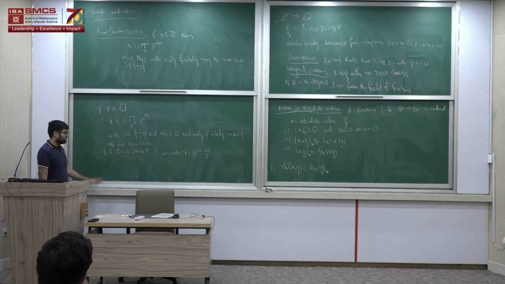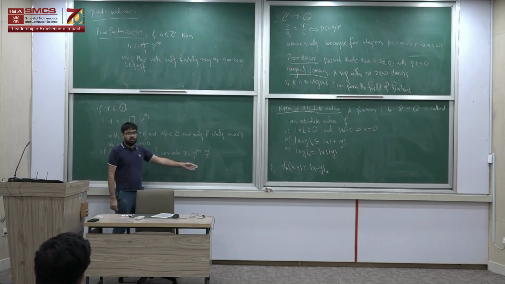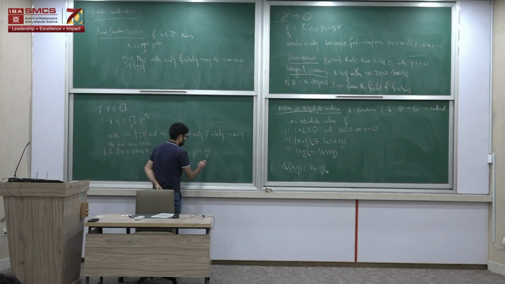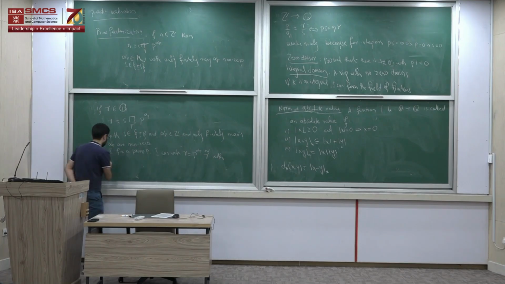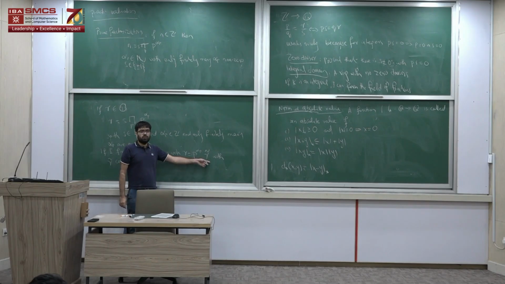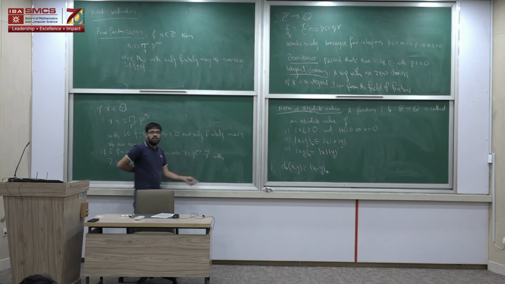I have just multiplied all the other prime factors together. So, r tilde is co-prime to p. What do I mean by co-prime? This r tilde has some denominator, some numerator, and neither the denominator nor the numerator has a factor of p.